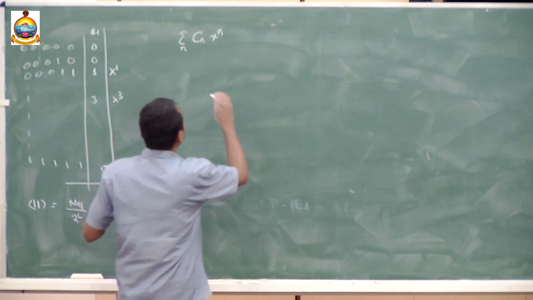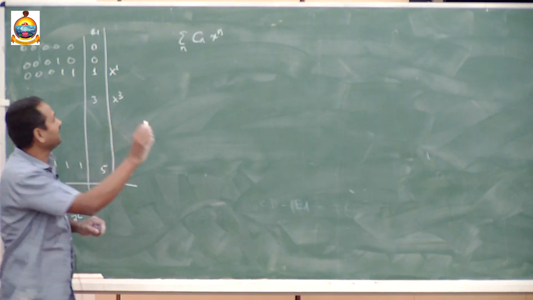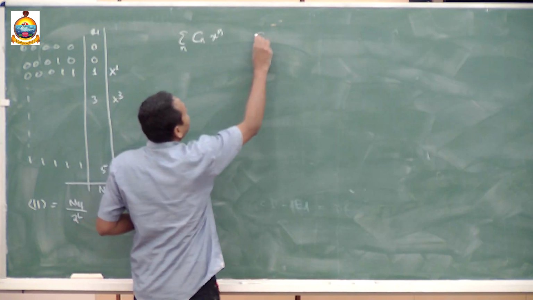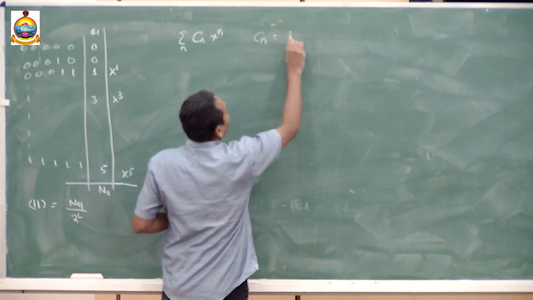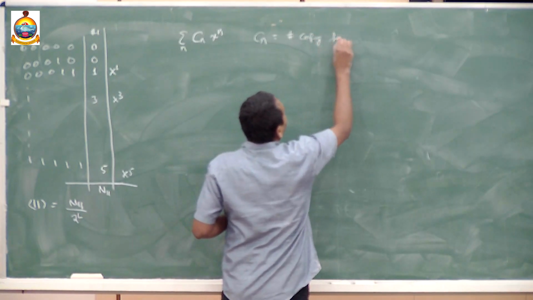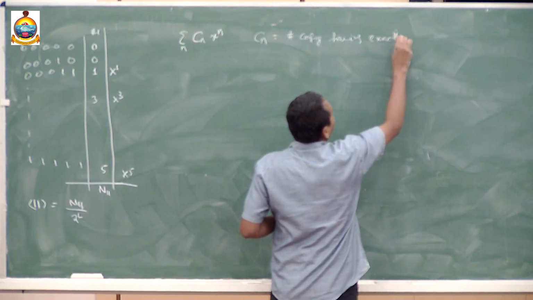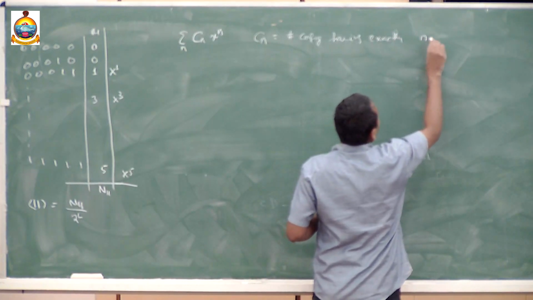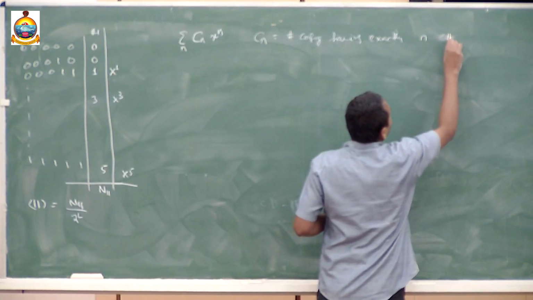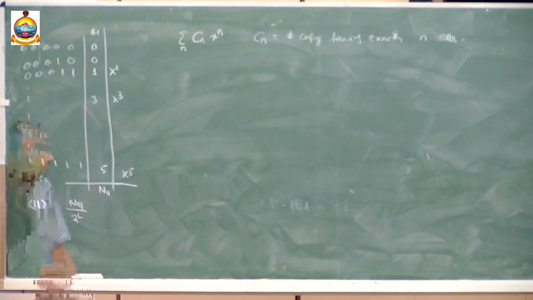So Cn, do you identify this? Anybody? Cn is equal to the number of configurations having exactly n ones. That's Cn.